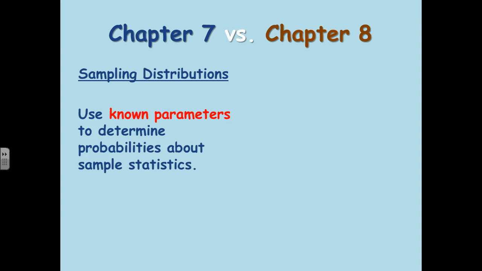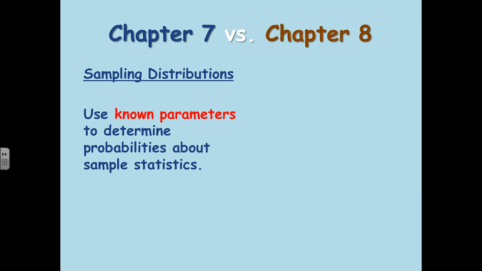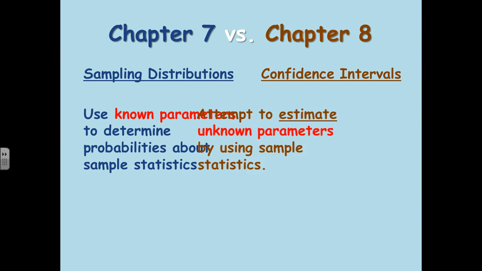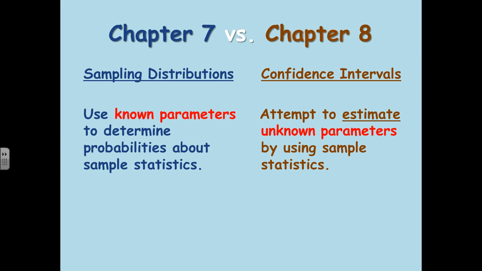So just again, to get back to where we were coming from in the last chapter, we were using known parameters. We would know the true mean or the true proportion, and then we would determine some probabilities about how likely it is to get a sample with a certain mean. Now what's going to happen here with confidence intervals is it's going to be working backwards. We're going to be trying to estimate unknown parameters.